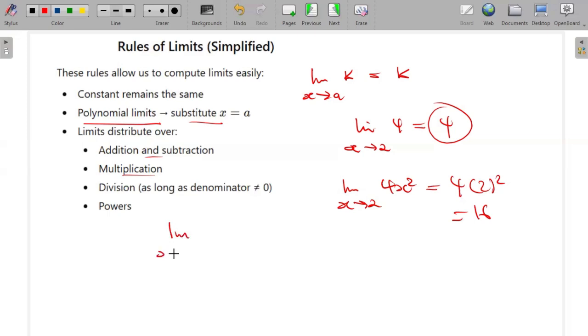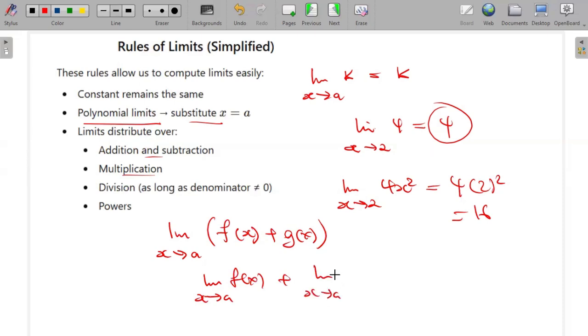If I take the limit as x approaches a of, let's say I have two functions, f of x plus g of x, I can distribute this limit to say the limit as x approaches a of f of x plus the limit as x approaches a of g of x, like that.